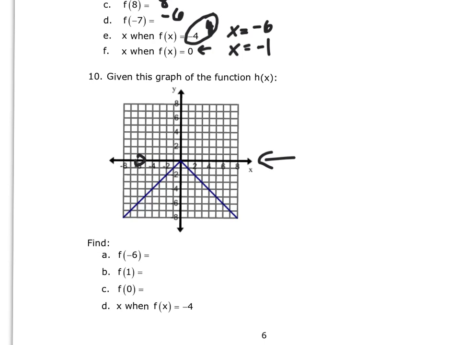This one is just a tad more difficult because, again, I didn't put a dot on all of these points, so you're just going to have to read the graph. -6 crosses here, which is also a y value of -6. +1 would be here. I would go down 1, which indicates a negative on the y-axis.